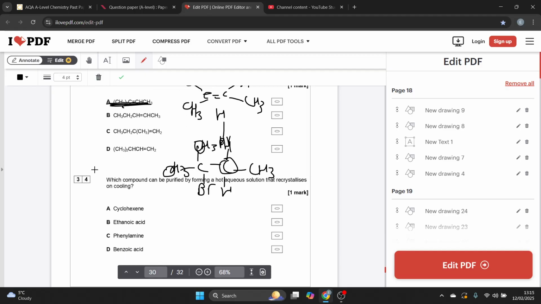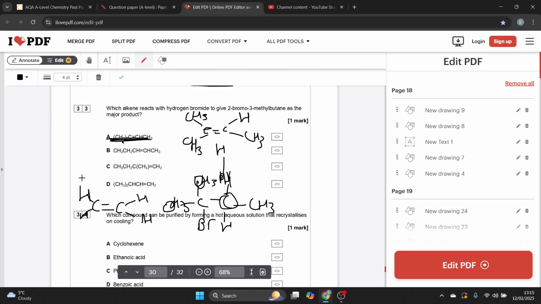If I look at D, C, the 1C, I've got two hydrogens here, this CH, and this H, and CH3. 2-bromo, 3-methyl.